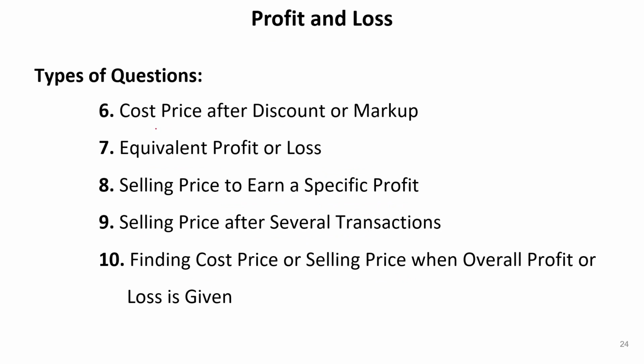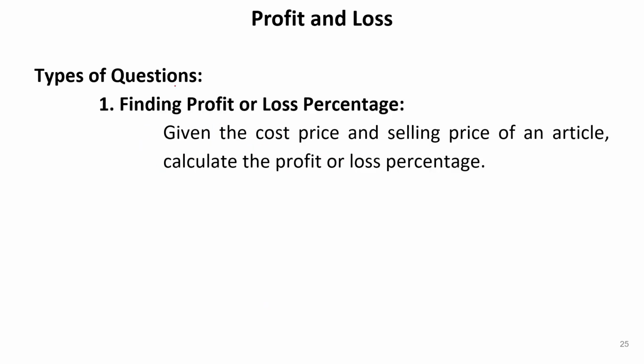Okay, so the sixth type is on cost price or discount or markup, and the seventh is on equivalent profit or loss. So selling price to earn a specific profit. This is the 8th kind of question. So the 9th kind of question is on selling price after several transactions. Okay, and the 10th kind is on finding cost price or selling price when overall profit or loss is given to us. So the first kind of question is on finding profit or loss percentage.